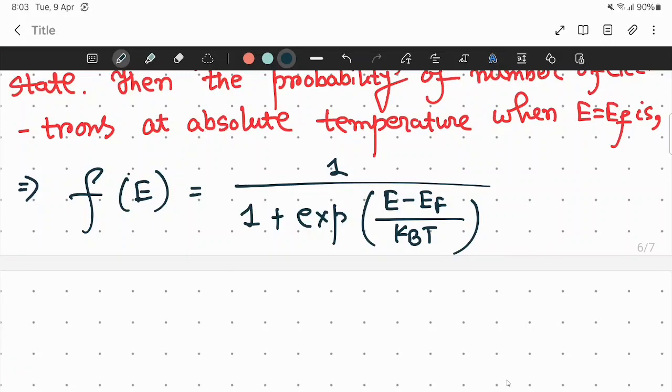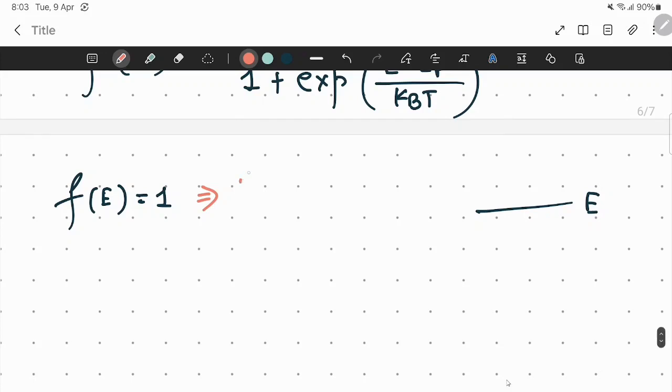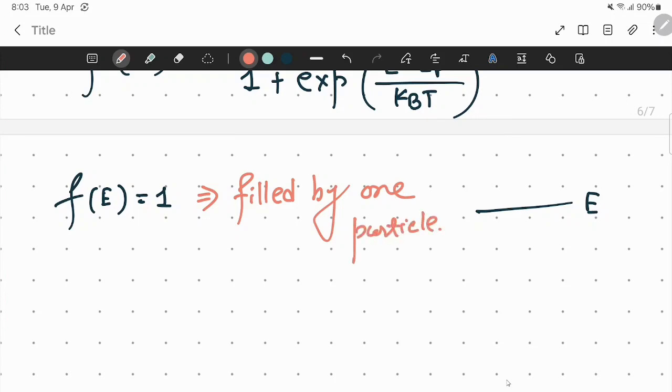If F(E) is 1, let's say, let me consider any energy level, this is energy level E. If F(E) of that particular energy level is 1, that means that energy level is filled by one particle. You know that these are fermions, so eventually there will be one particle or zero particle. Occupancy must be 0 or 1. If F(E), the Fermi function, is 1, that means that energy level is occupied.